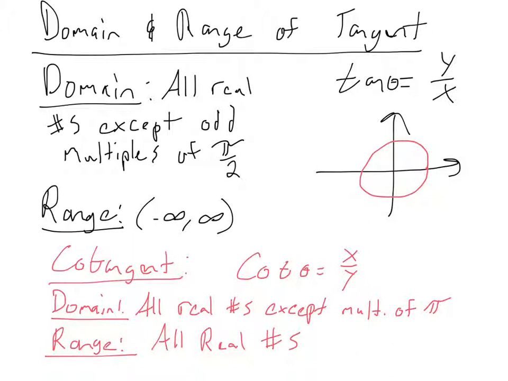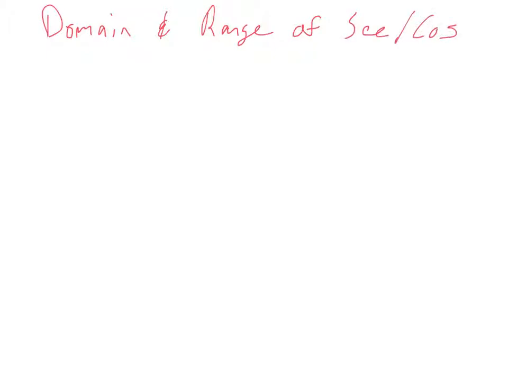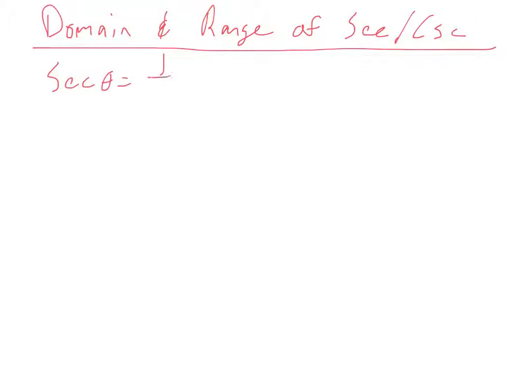Now let's think about what's going to be happening to the domain and range of secant. Whoops, not cosine. Secant theta, which is equal to 1 over x, right?